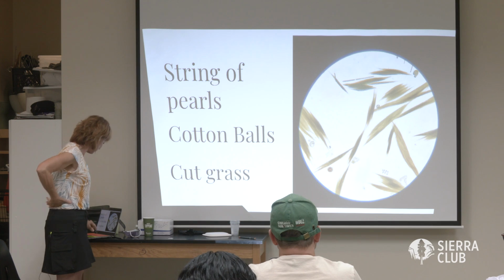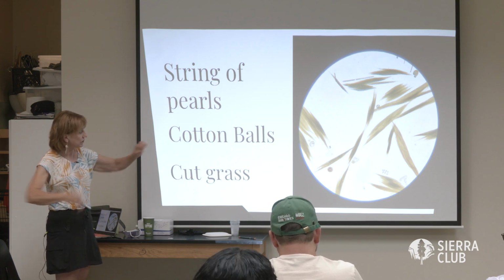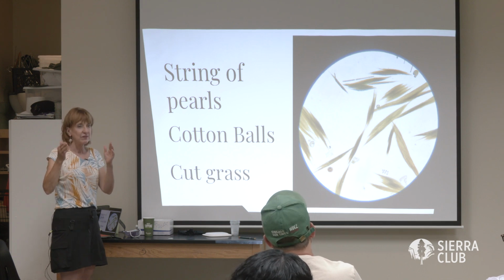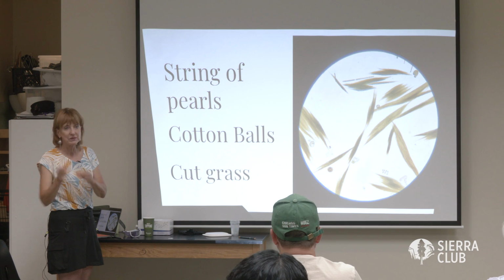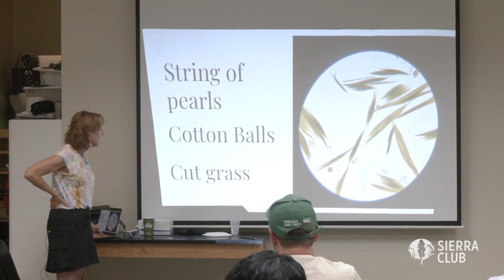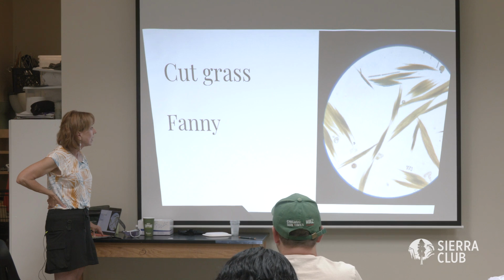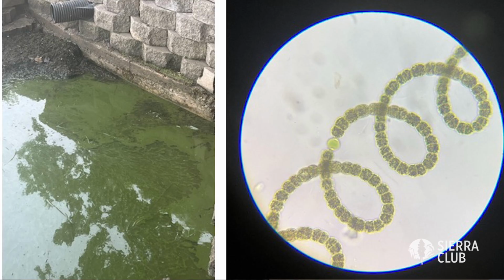Not popsicles, fascicles. And under the scope, you will occasionally see the single ones. But if the first thing you see is them in a fascicle, then that's probably what it is. Cut grass, Fanny, Aphanizomenon.